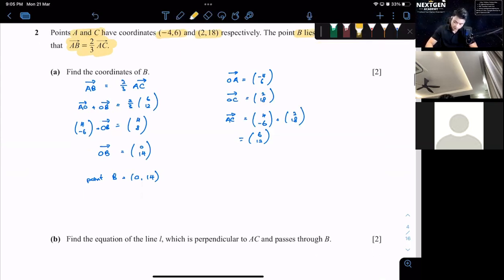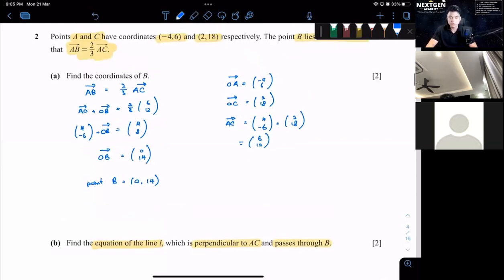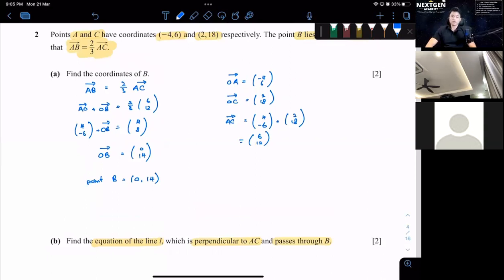Next one. Find the equation of the line L, which is perpendicular to AC and passes through B. Perpendicular to AC, so I have to find the gradient of AC first. Then I can use M1 times M2 equals -1.